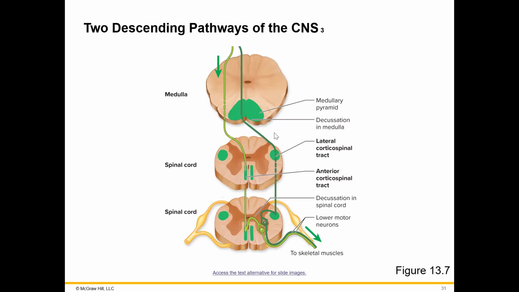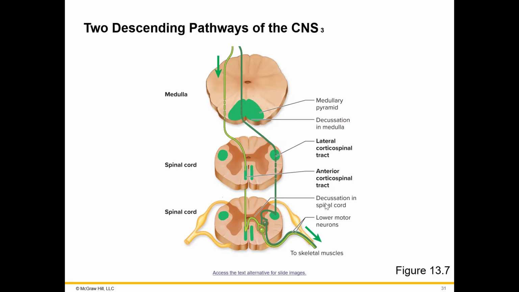How do you know if it's going to cause a deficit? You examine the medullary pyramid. Does it cross it? If it crosses it, you see the decussation. This one here, the anterior corticospinal tract, you see this light lime color, it did not go through the medullary pyramid. But this one, it did. So that shows the lateral corticospinal tract decussated in this region, while the anterior corticospinal tract continues and does not decussate there.